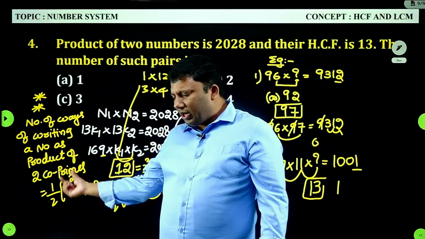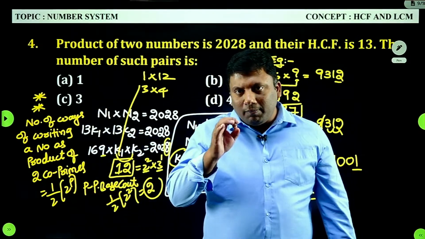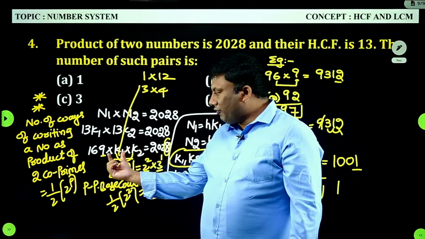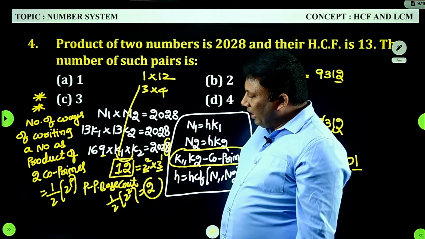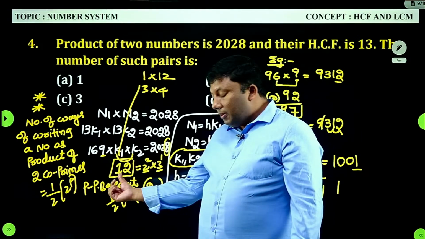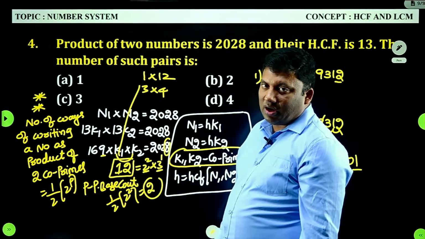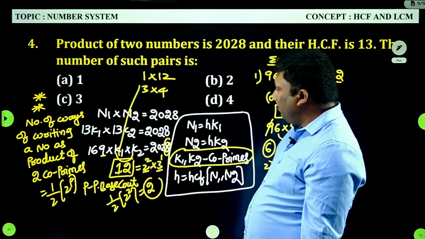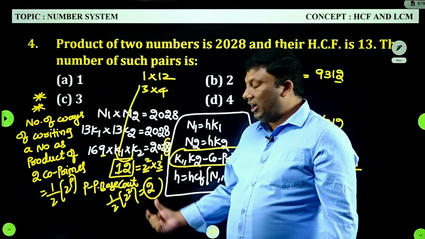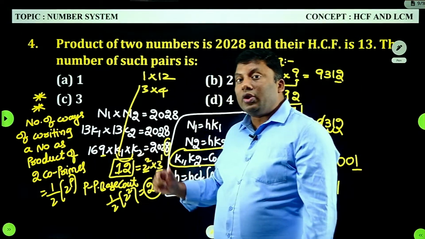Very, very important points, right? The number of ways of writing a number as a product of two co-primes is 1 by 2 into 2 power p, where p is the prime base count. I hope you know how to do these, finding out the values using the unit digit concept.